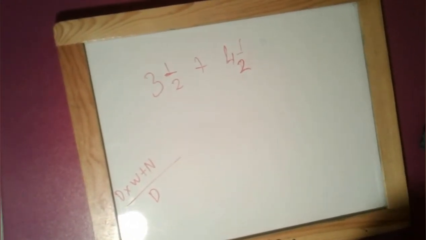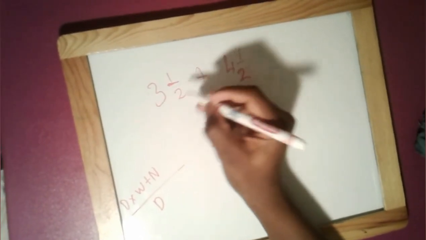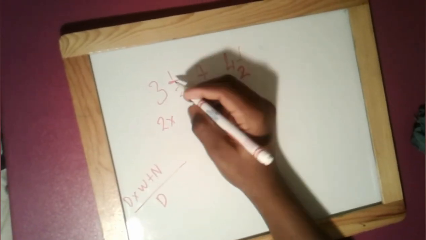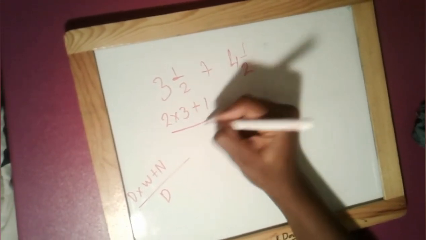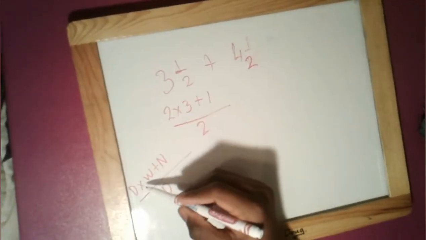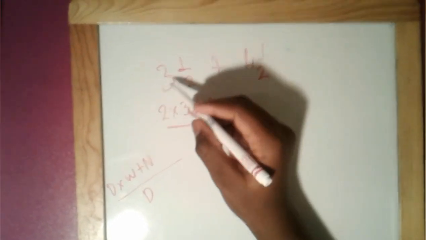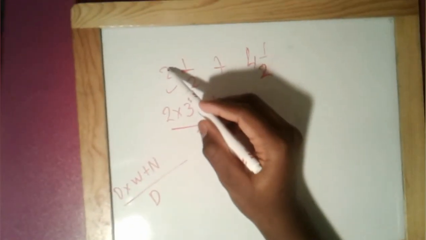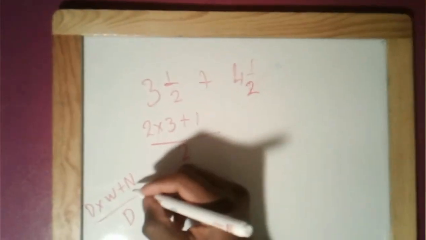So yeah, no, we must show it, like we must put 2 times 3, add 1, out of 2. So you see, the denominator, which is 2, you multiply it with 3, and then you add 1, which is the numerator.